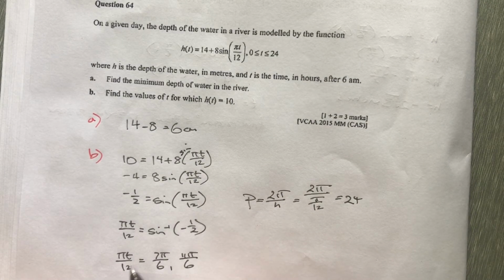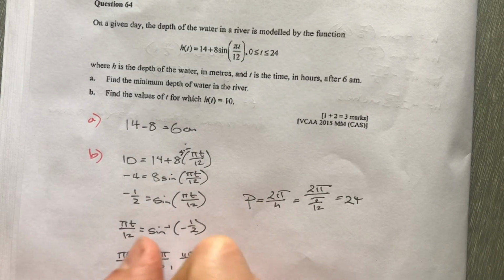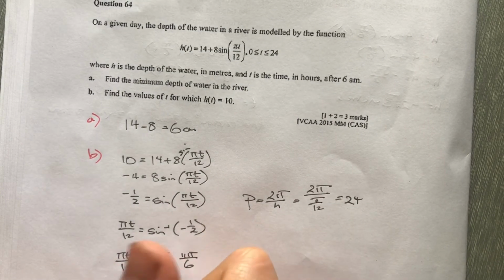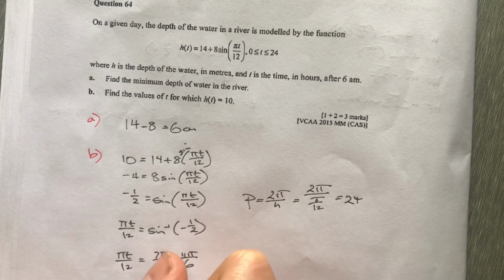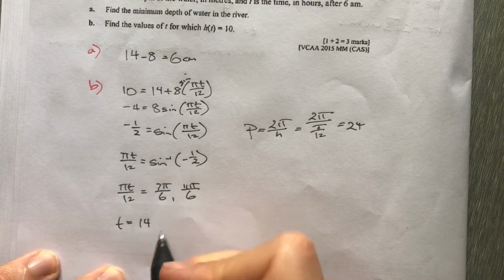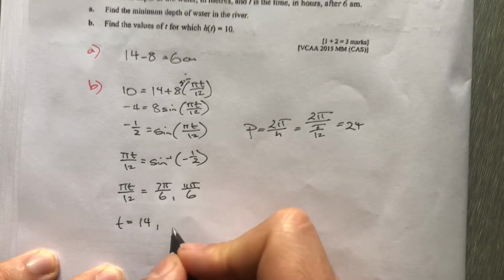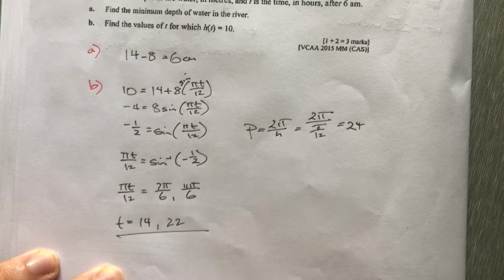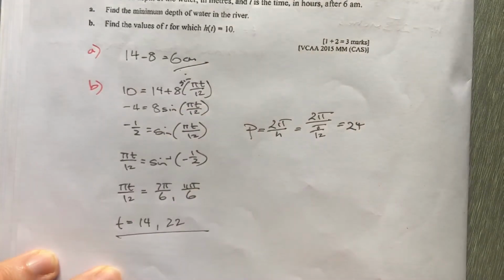So we need to times by 12 and then divide by pi. So t is going to end up being, that one will turn into 14. Oops, you can't see. That one will turn into 14. And that one will turn into 22. So there's your answer for B, and there's your answer for A.